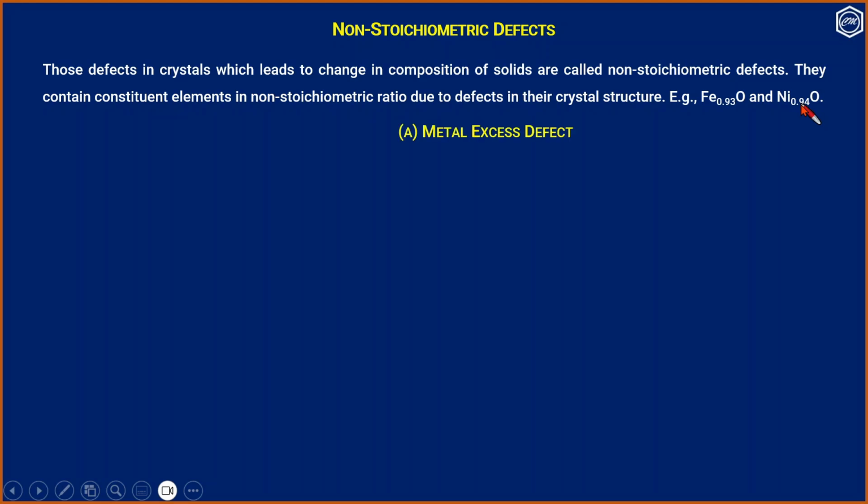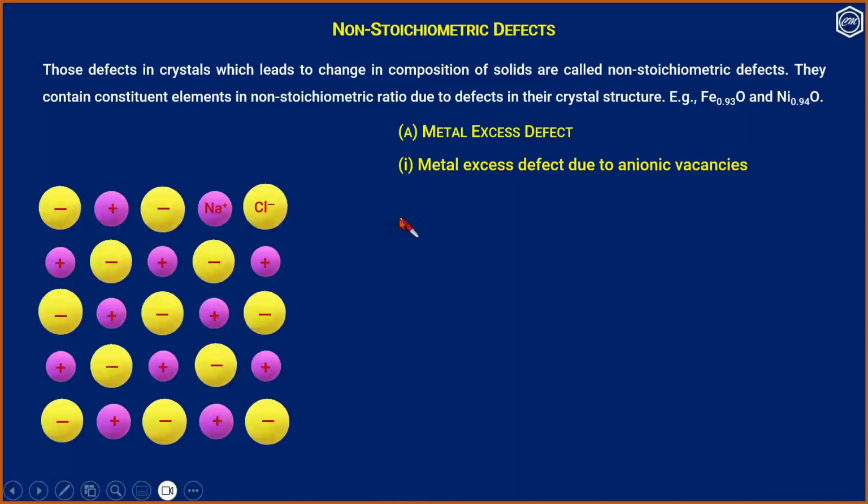First, let us consider the metal excess defect. Metal excess defect is of two types. One is the metal excess defect due to anionic vacancies. So this is a sodium chloride crystal. Suppose that this crystal is heated in an atmosphere of sodium vapor.